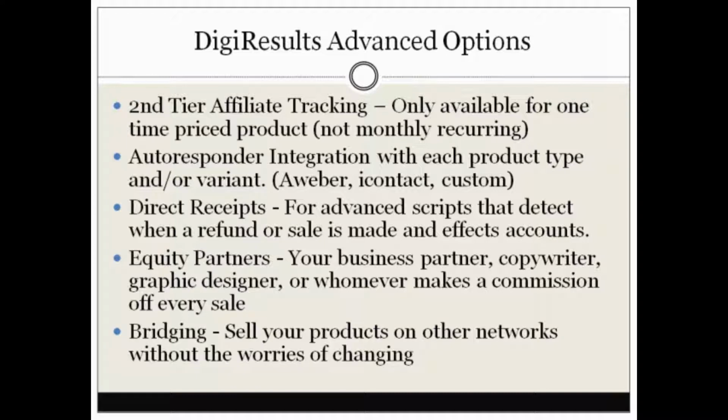So, for example, if your product is on different affiliate networks, you can actually put it on DigiResults and bridge it so that if somebody makes a sale on pay.com or JVZoo, it still bridges with DigiResults, and you don't have to worry about taking your product off the other affiliate networks to be compatible and bridge over to DigiResults. So that's a really cool feature that is part of DigiResults.